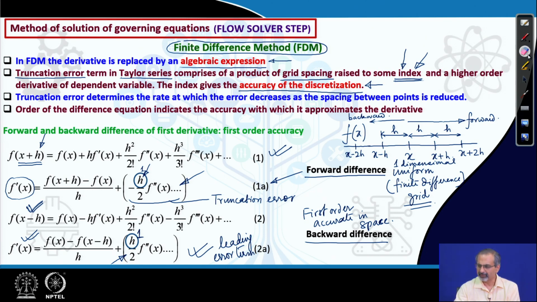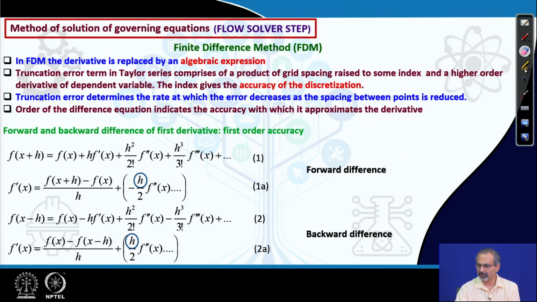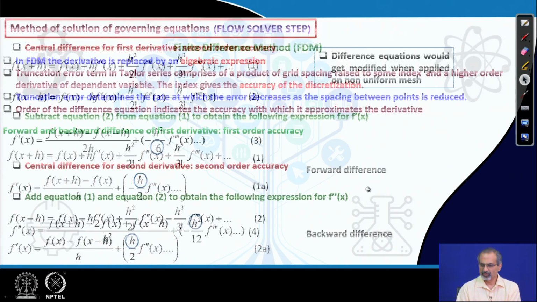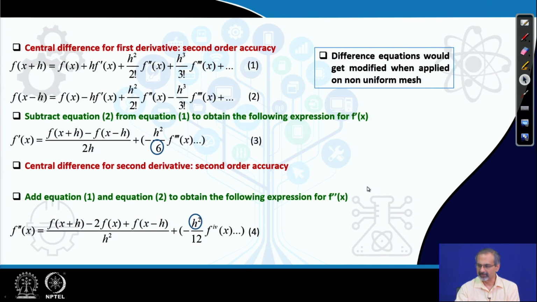So, with this we have a basic idea of what finite difference discretization looks like on a uniform one dimensional grid. Now, we can proceed further and try to work out many more expressions. One of them being what is called the central difference of the first derivative. What does central difference mean?